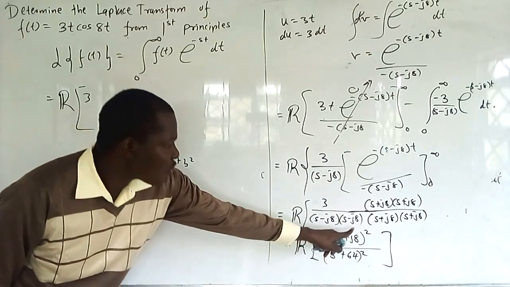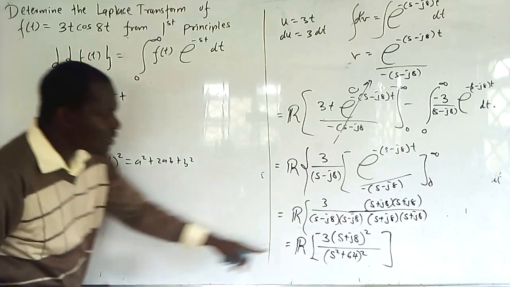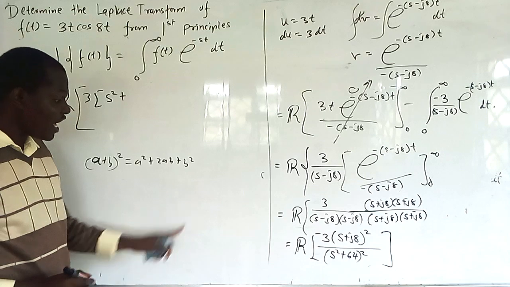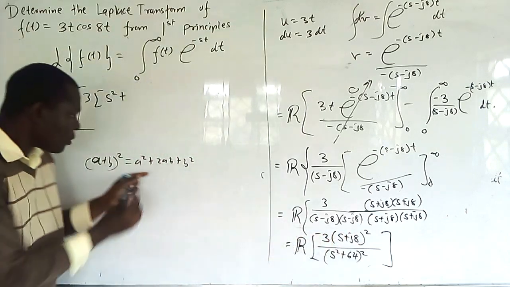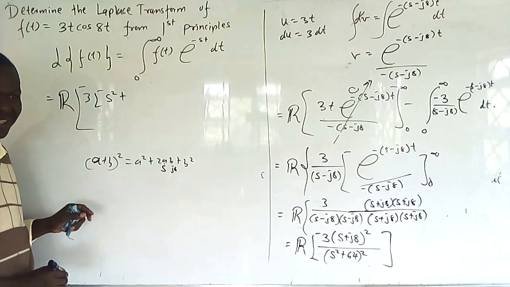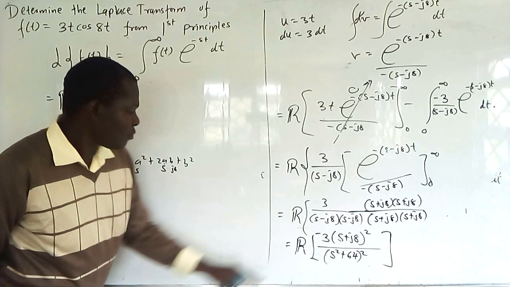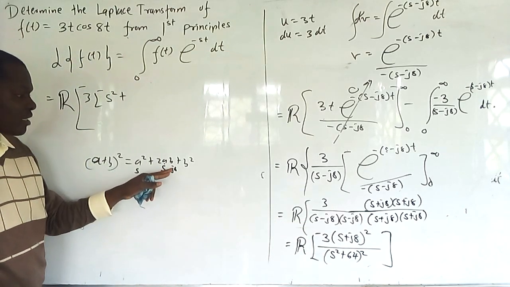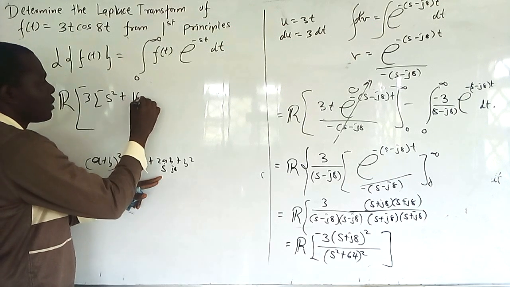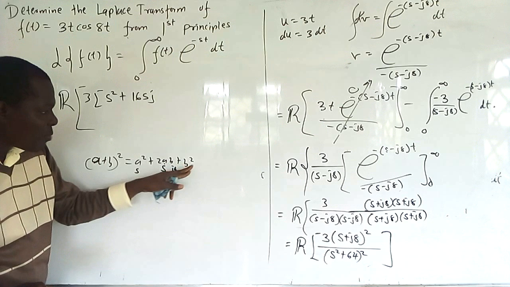So it means there you are going to have 3 into s squared plus 2s j8, because your a is s, your b is j8, isn't it? Yes. So this is now s squared, your a is s. So 2s times 8j, you get what? 16sj.